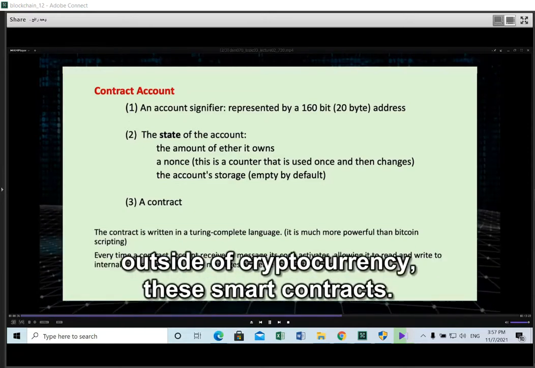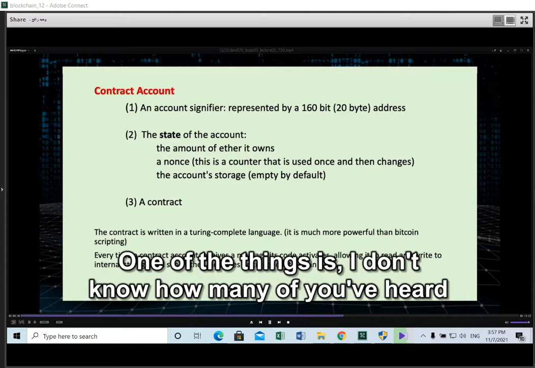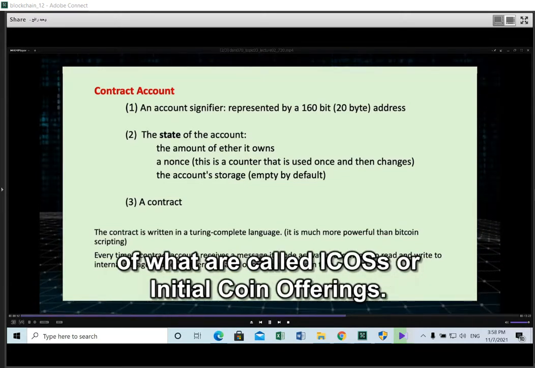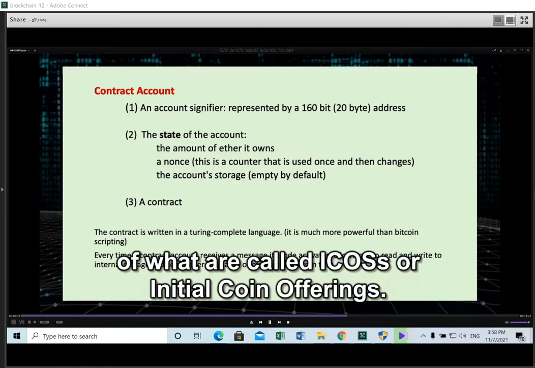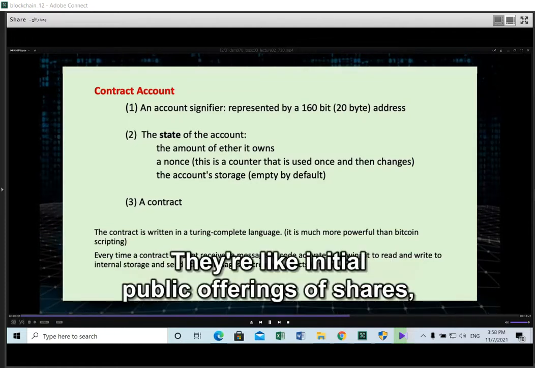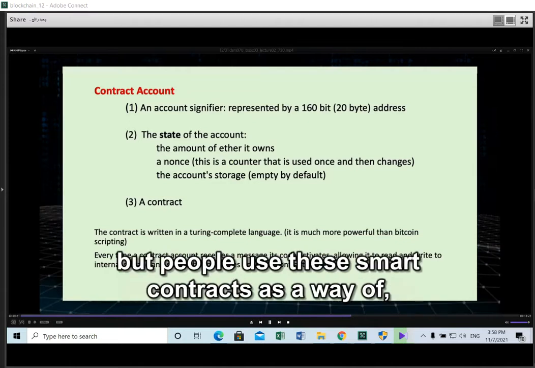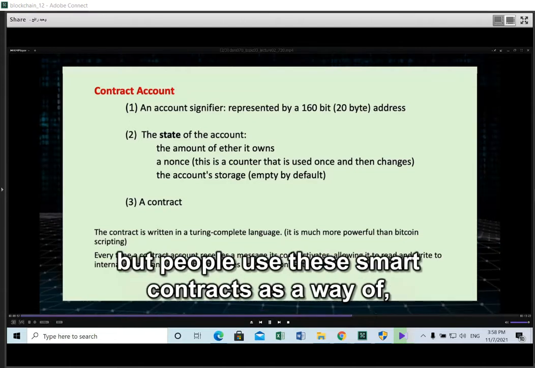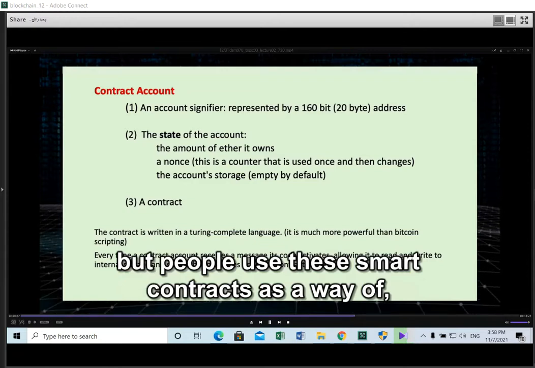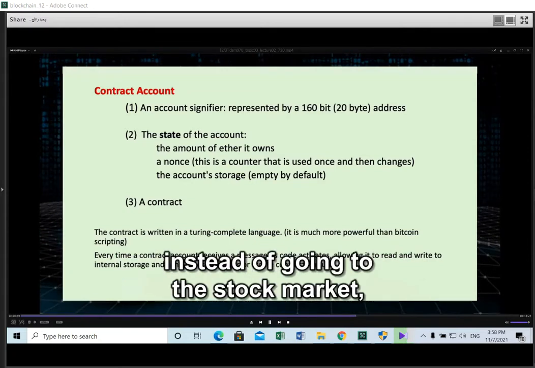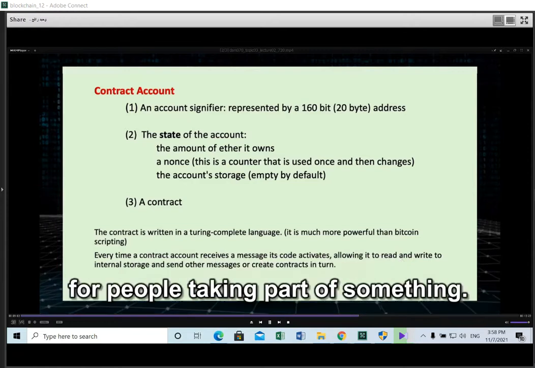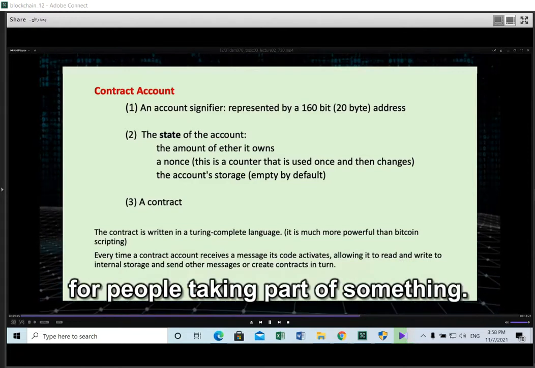These are smart contracts. I don't know how many of you have heard of what are called ICOs, or initial coin offerings. They're like initial public offerings of shares, but people use these smart contracts as a way of, instead of going to the stock market, having coin offerings as a way of getting money in for people to own part of something.